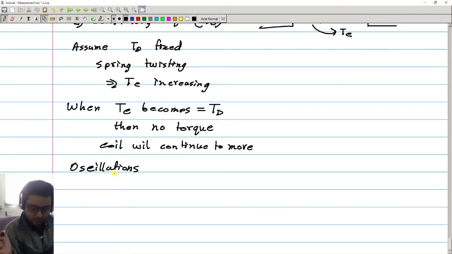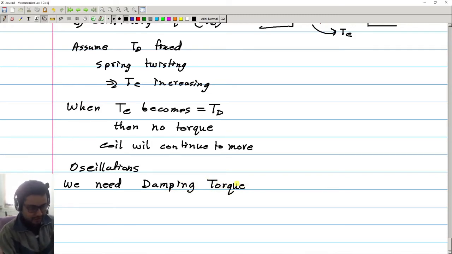We need what we call damping. So we need to damp out the oscillation. We need damping, and for that we need damping torque, some sort of frictional torque that will take out the kinetic energy stored in the moving system and make it stop at the equilibrium position. So we need damping torque. Let me write T damp.